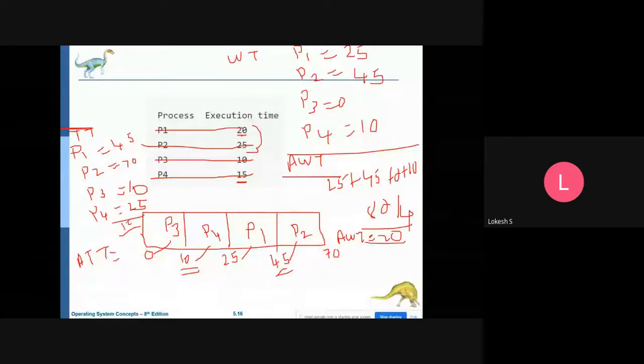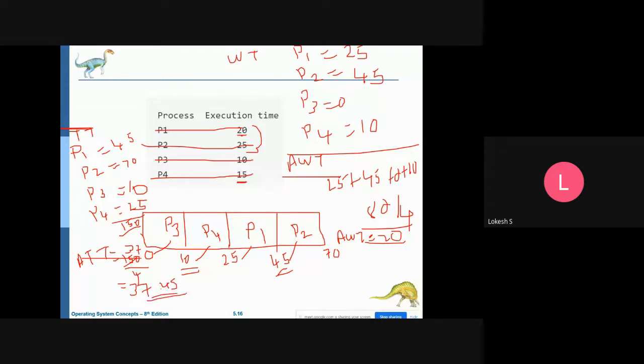So 150 divided by 4 is the average turnaround time. It comes to around 37 point something, about 37.5.